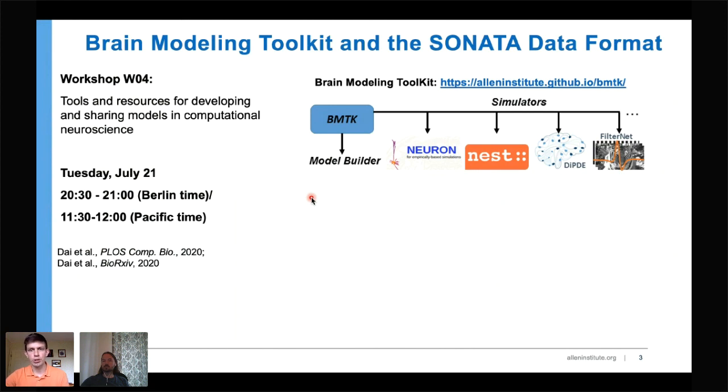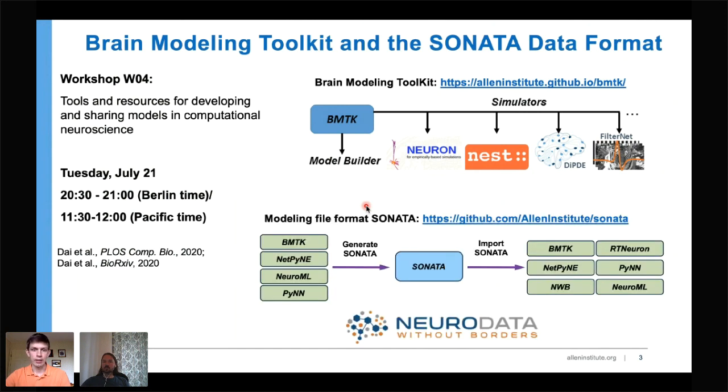It doesn't run simulations itself; it's an interface to established tools like NEURON and NEST, but it allows one to interact with these tools quite efficiently and conveniently. Another thing we created is a modeling file format we call SONATA. We developed it together with the Blue Brain Project and other colleagues. It is a format to represent models efficiently, and that's how we share our models with the community. Both tools are there, and come listen at the workshop if you want to hear more.